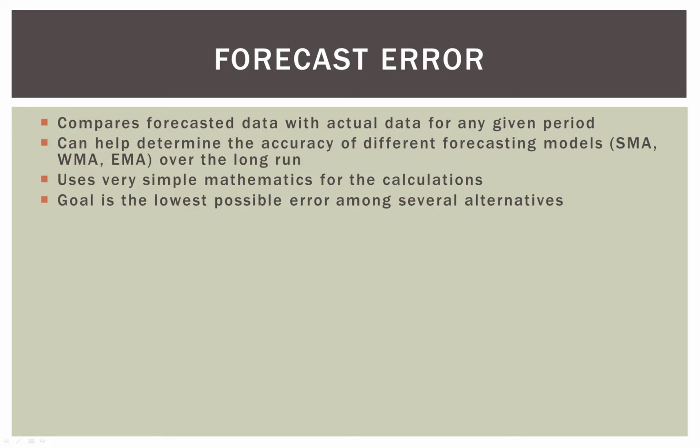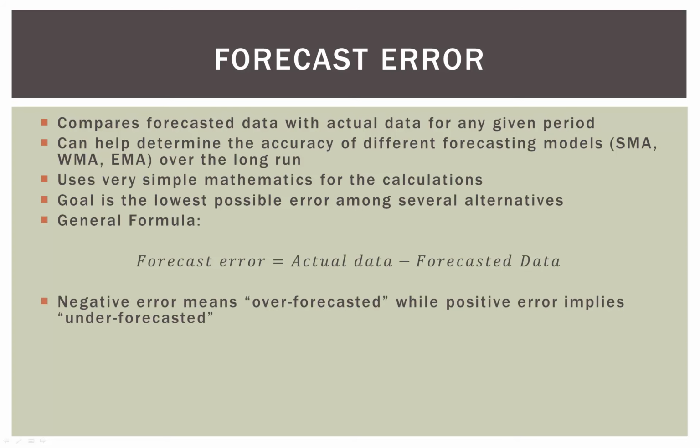So we're going to check the error of the SMA, the WMA, and the EMA, and then figure out which model produces the lowest possible error. The general formula for the forecast error is very simple. It's just the actual data minus our forecasted. So using our weather example from before, if tomorrow's high is actually 88 degrees, but the Weather Channel said it was going to be 85, our forecast error is 3 degrees.